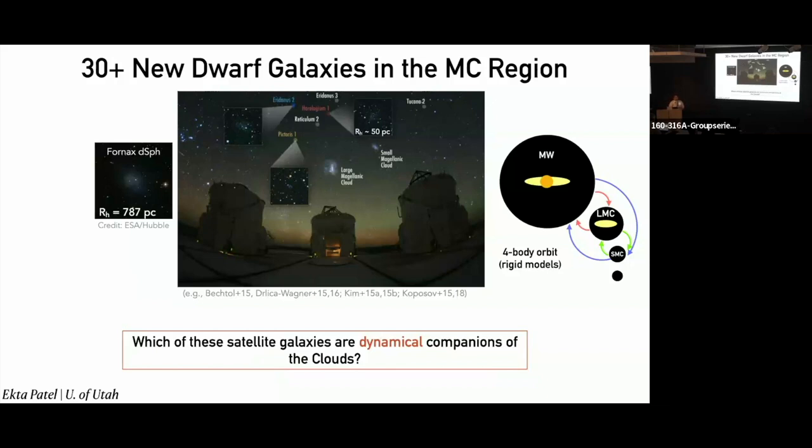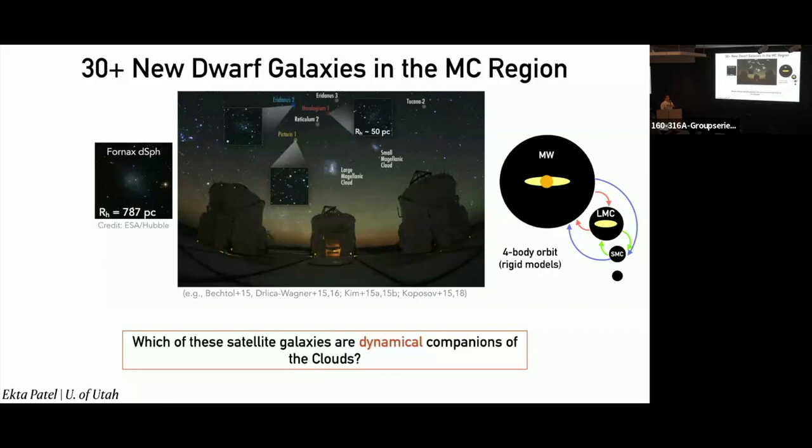There are several other people who have looked at different ways to characterize if these ultra-faint dwarfs are satellites of the clouds. In my models, we calculate thousands of orbits to span the entire uncertainty of the 6D phase space, look at which ones are most statistically common, and apply a diagnostic to see which of these orbits have a shared orbital history with the LMC.